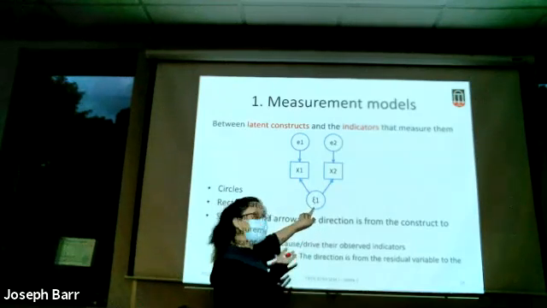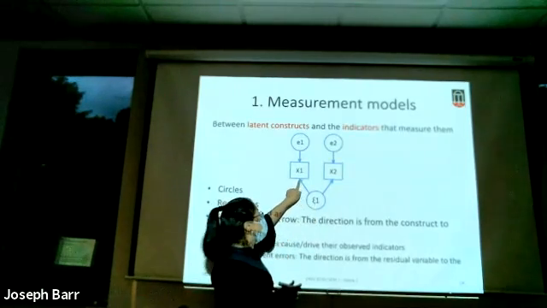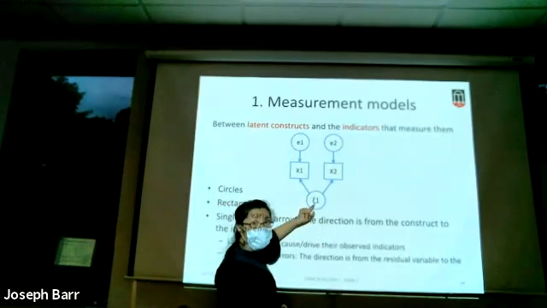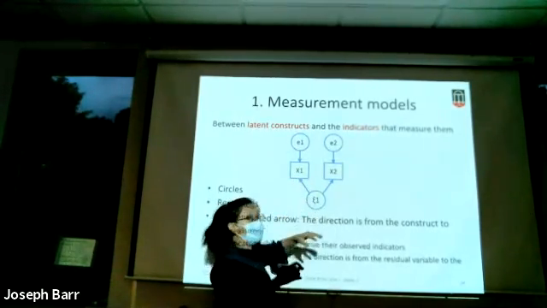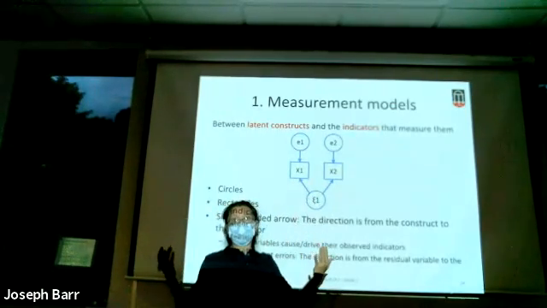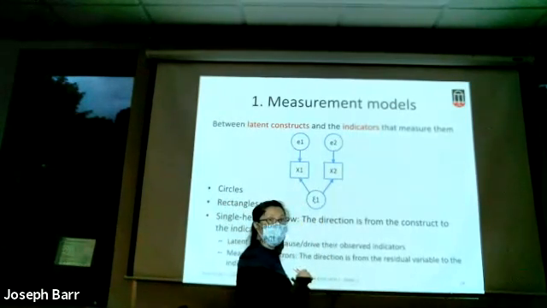If you change the latent variable's value, the outcome will be different. So this is the underlying cause, and this is the outcome, the response, the observed variable. You cannot use a reverse direction.